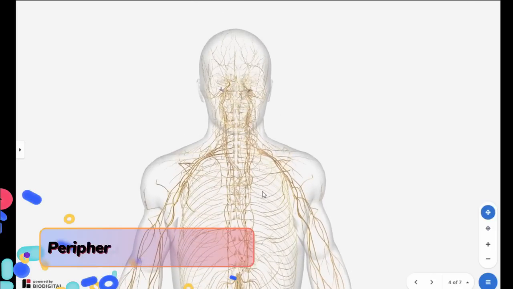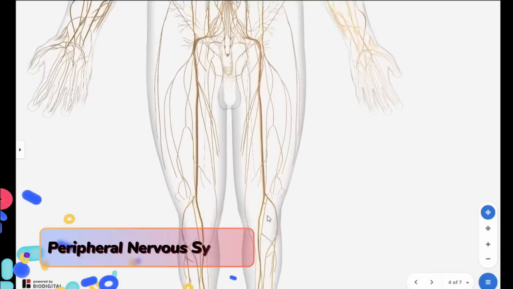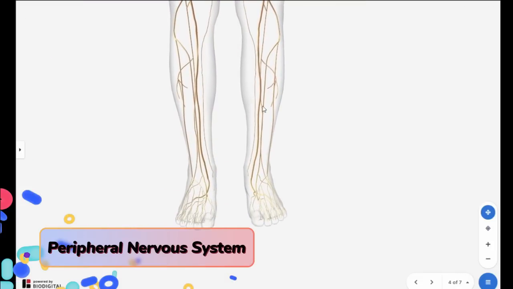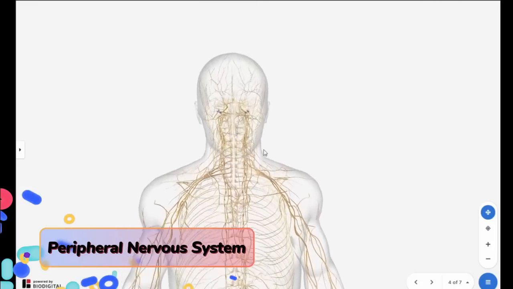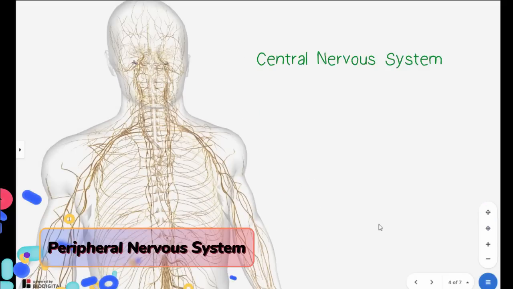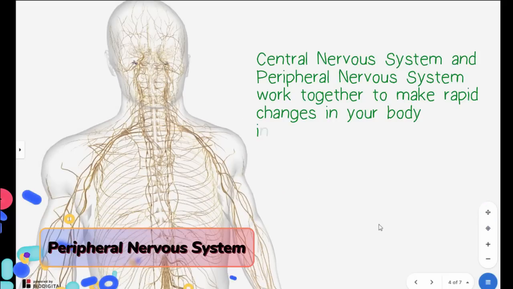Now, this is the peripheral nervous system. The central nervous system and the peripheral nervous system work together to make rapid changes in our body in response to stimuli. So, we need to highlight the term rapid.